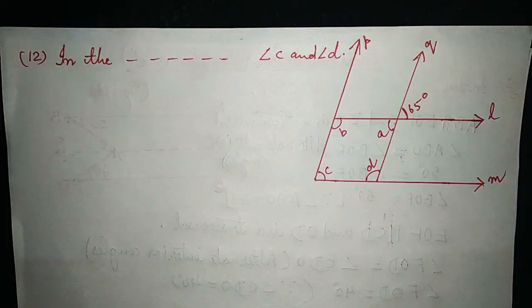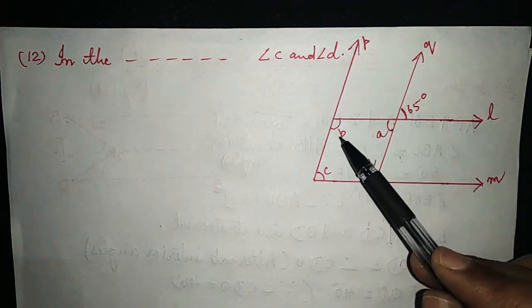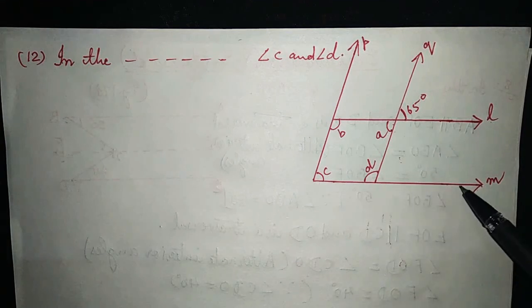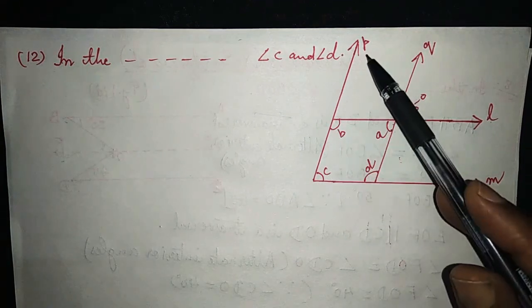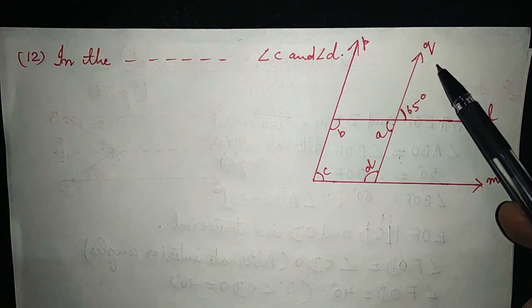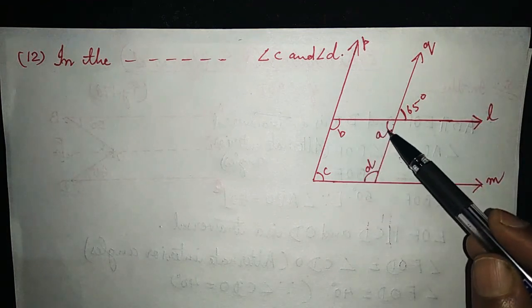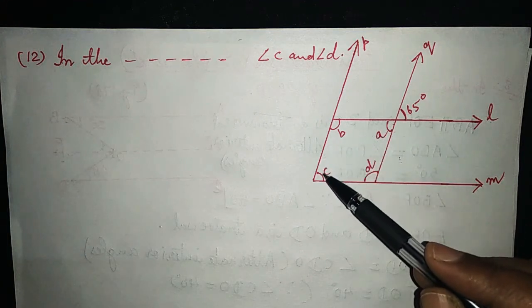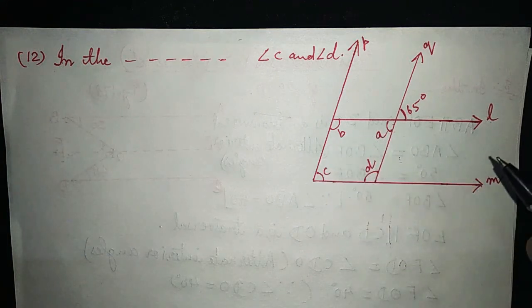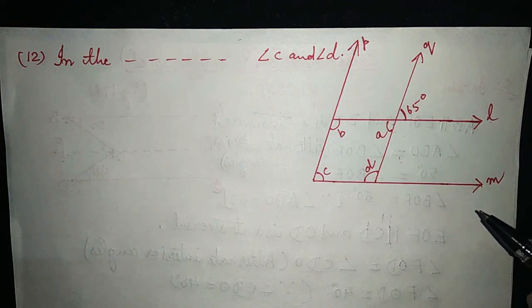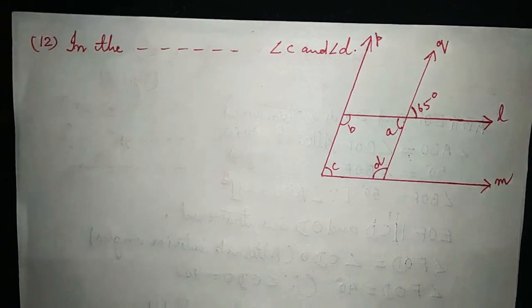Now students, look at the last extra question of page number 179, question number 12. In the given figure, L is parallel to M and P is parallel to Q. Find the measure of each of the angles A, B, C and D. Here students, first we will see which angle we can find easily.